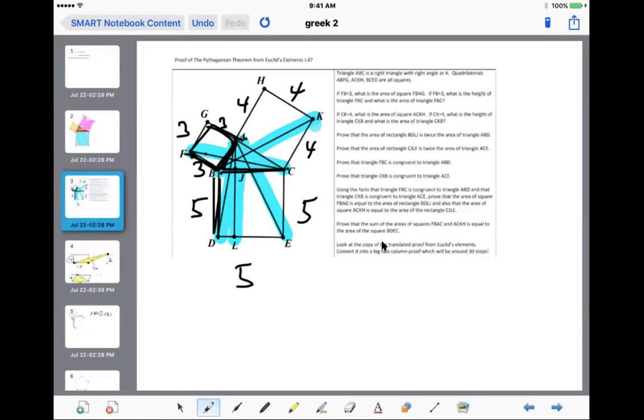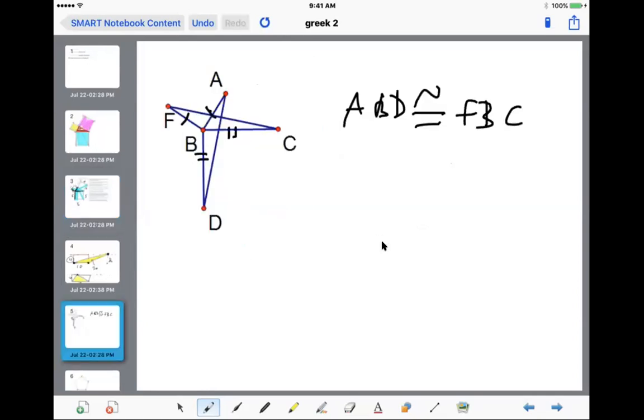Now, just to make this simpler, let's say that I tell you that this angle here, this acute angle, is 53 degrees.